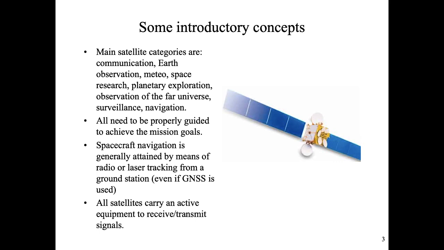But the communication satellites have specific requirements in terms of bandwidth, in terms of orbits, etc. So each of these has its proper requirements. Then we have Earth observation satellites, another category. We have weather satellites, which are a sort of Earth observation satellites.